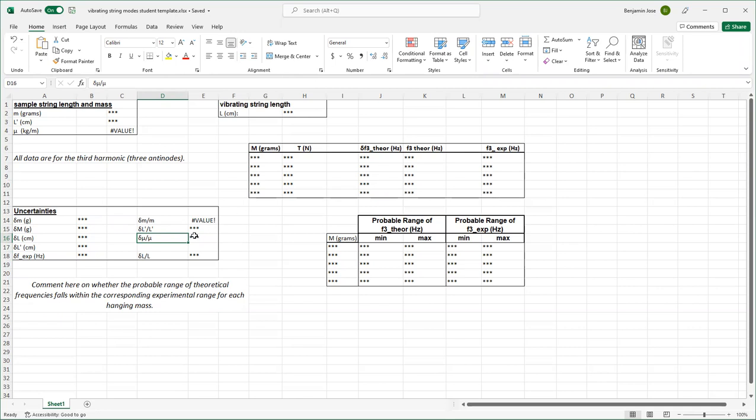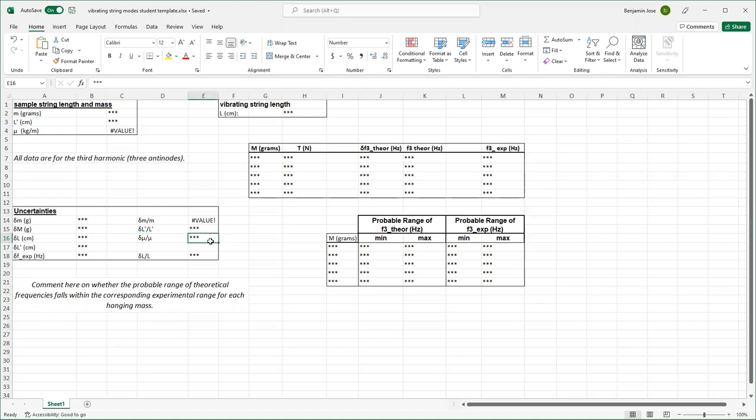And since we can't be totally sure of what the mass density is, we can't be totally sure of what the standing wave frequencies ought to be. So we would like to know just how uncertain is the mass density. Do we know its value to the nearest 1% or to the nearest 10%? Because if we only know the mass density of the string to the nearest 10%, that's going to cause quite a bit of uncertainty in our calculated frequencies.